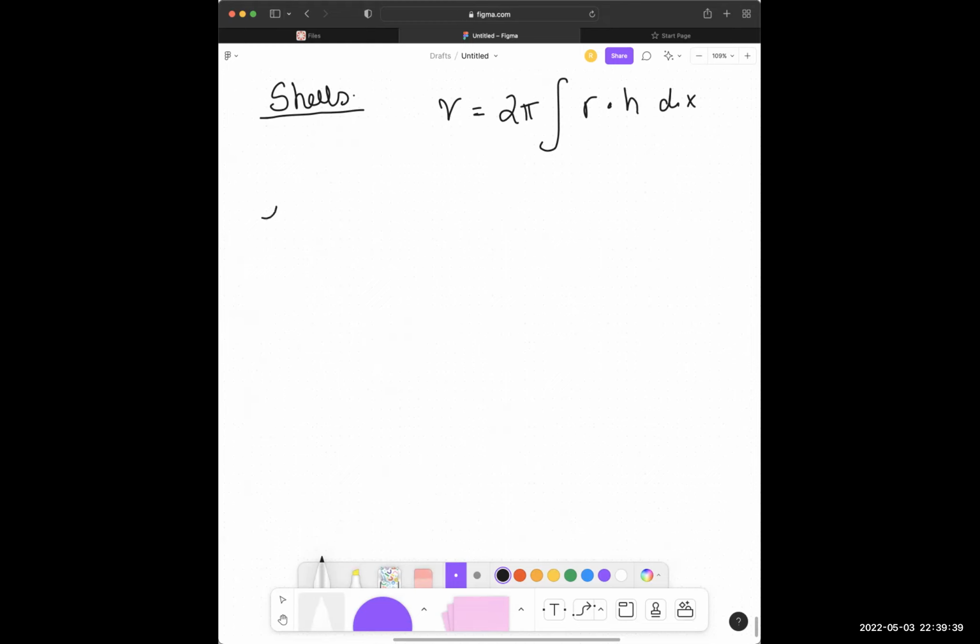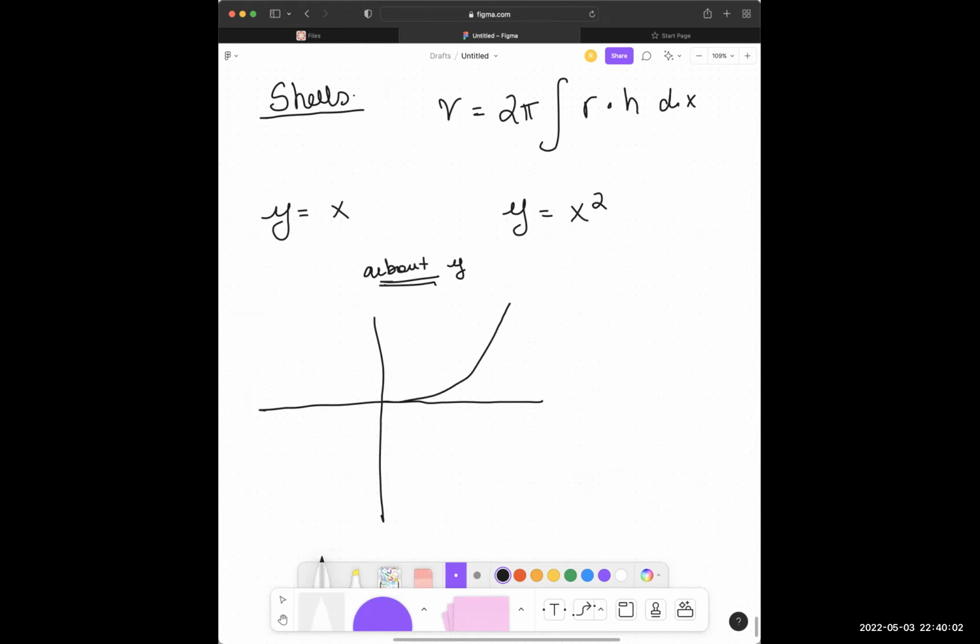So if we have y equals x and y equals x squared, let's say we specifically rotate this about the y-axis. We already know how this would look. We have a Cartesian plane, and then x squared, that's parabolic.